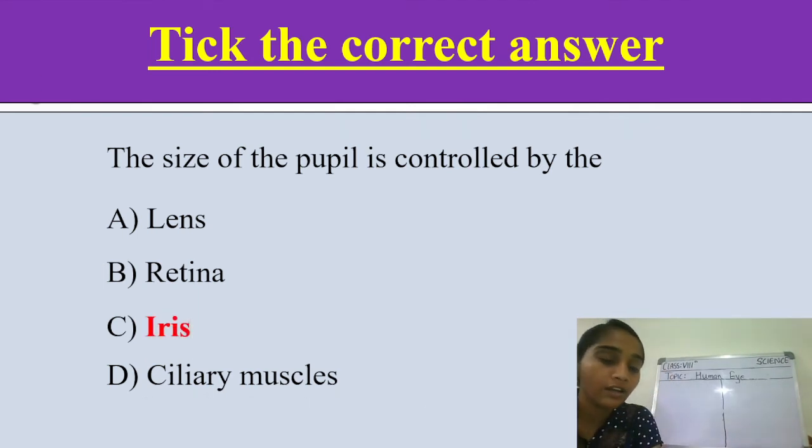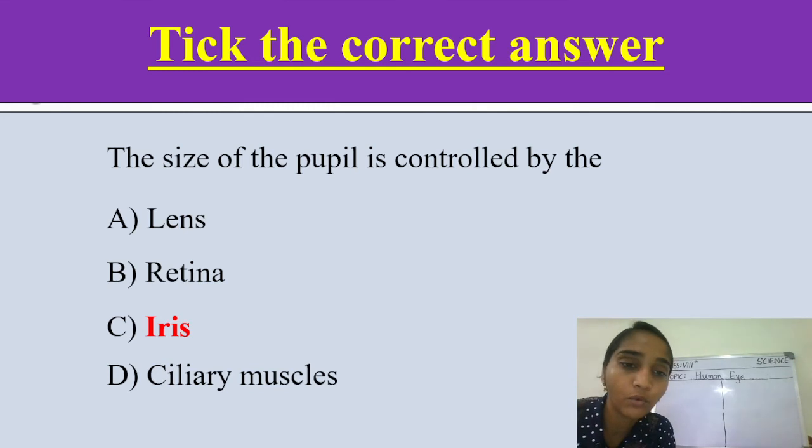And if I ask you to tell something more about the iris, students, rather than the size? Yes, the iris is also responsible for the distinguished color of our eyes, right? Very good.